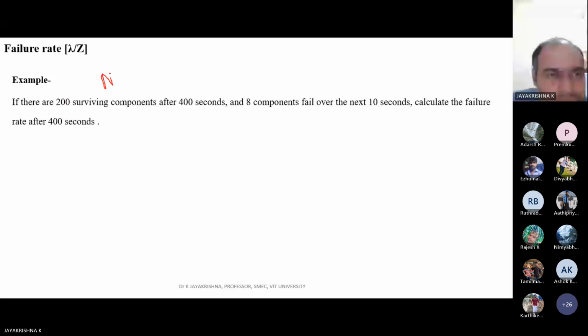N, S. After 400 seconds. Here 400 seconds is what? T. Okay. 8 components fail. Here 8 components denotes what? Failures.